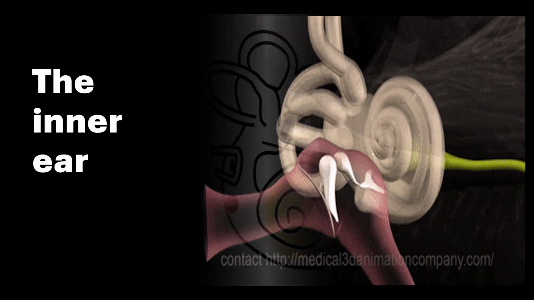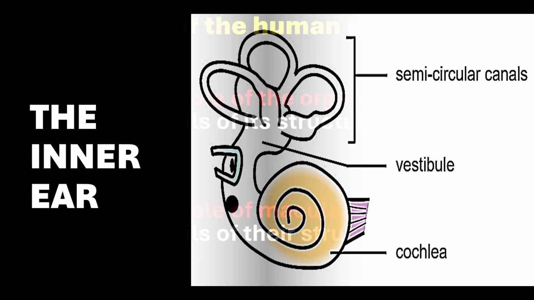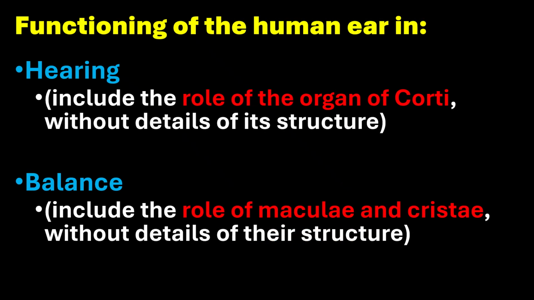We have the inner ear here, and then over here we have the semicircular canals, we have the vestibule, and then we have the cochlea. Inside the cochlea, there is the organ of Corti. So the human ear functions in two ways.